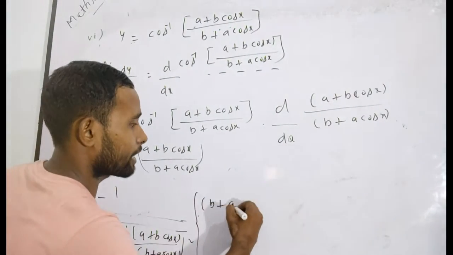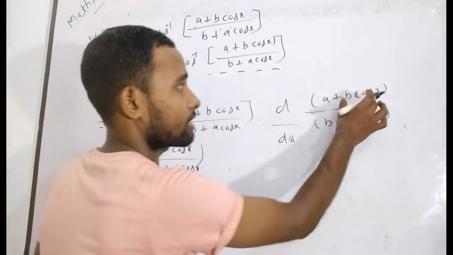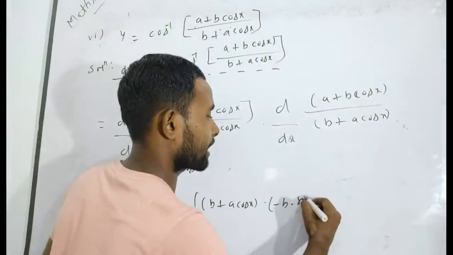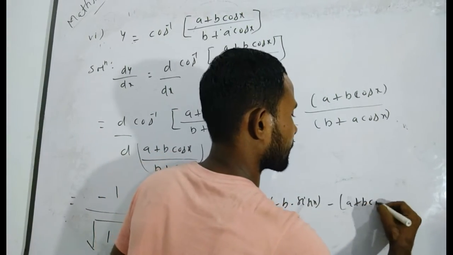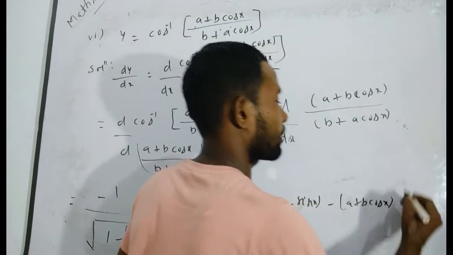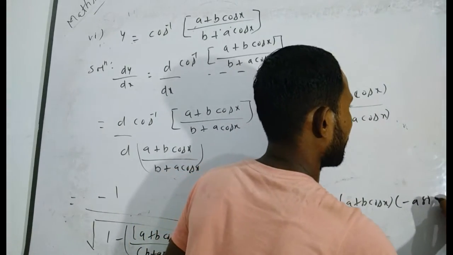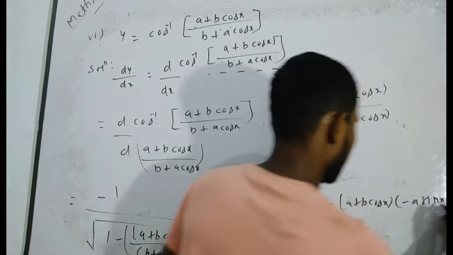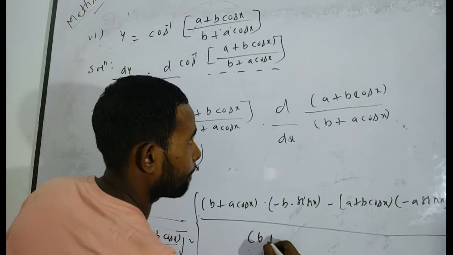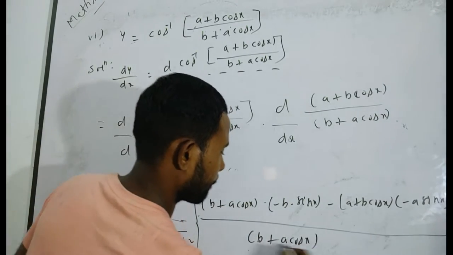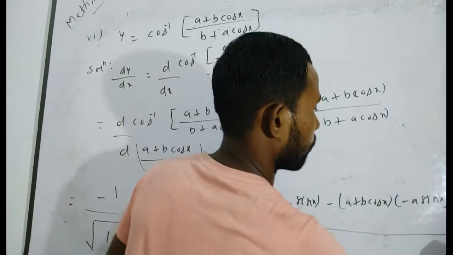Take b plus a cos x common and differentiate the numerator, we will get minus b sin x. Then take a plus b cos x, and differentiate the denominator with respect to x, you will get minus a sin x, divided by the whole square of the denominator, that means (b plus a cos x) whole square. This is your required answer of this question.